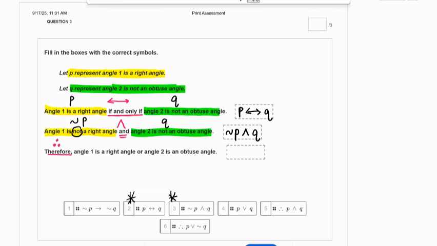Angle 1 is a right angle, that perfectly matches P. Or is the symbol V. Angle 2 is an obtuse angle, mostly matches Q, except Q originally had the not in it.